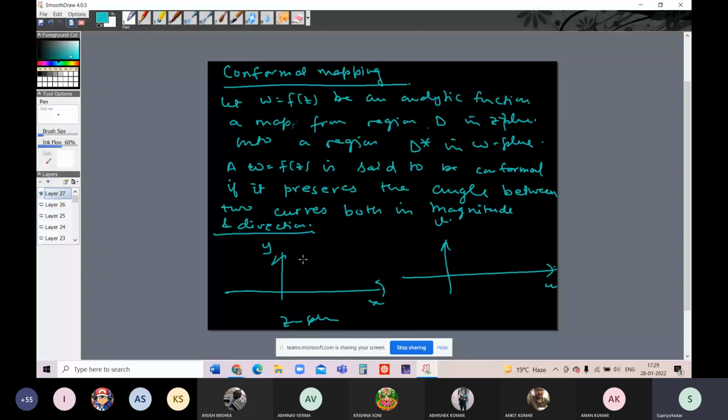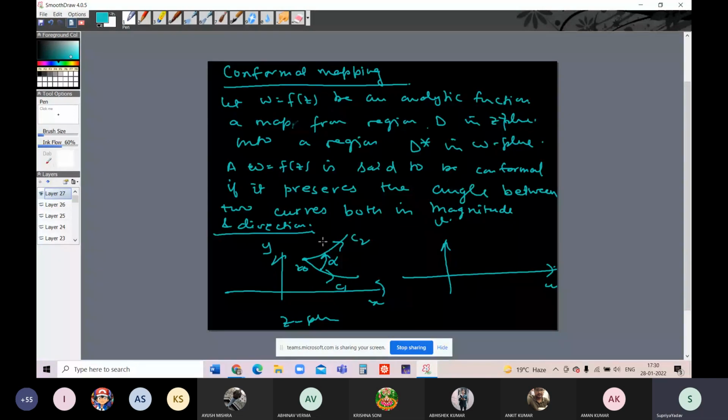इस z naught से पास करते हुए हमारे पास दो कर्व हैं c1 and c2, both are intersecting at this point z naught. This is the curve c1 and this is the curve c2, which is passing through this point z naught in z plane. Angle between these curves is alpha. And direction is this, in the positive direction.